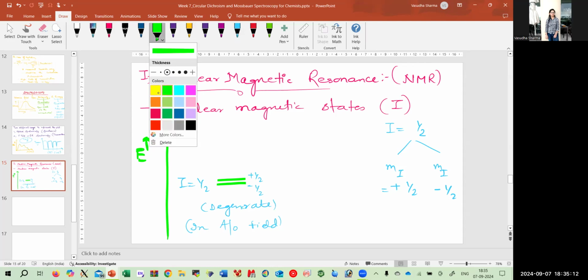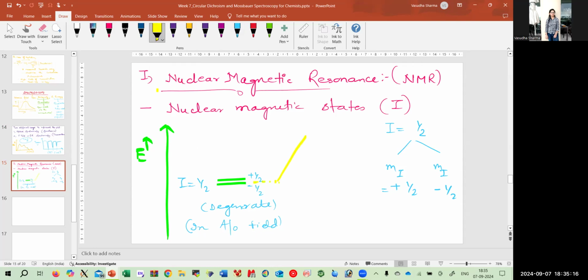But when we are giving the magnetic field on the x-axis, with the increase in the magnetic field, these two states split into Mi minus half and Mi plus half, into a lower and an upper level.